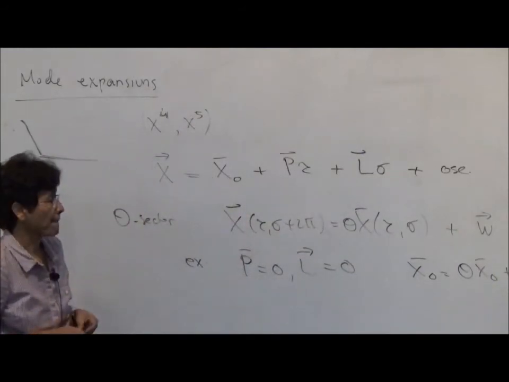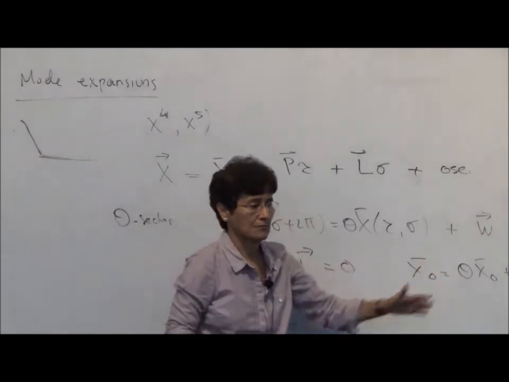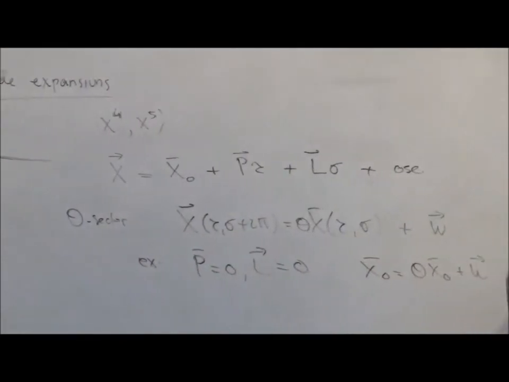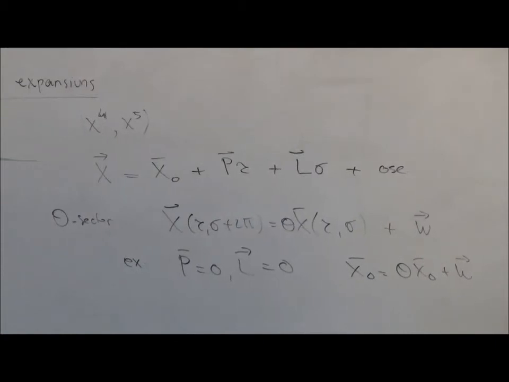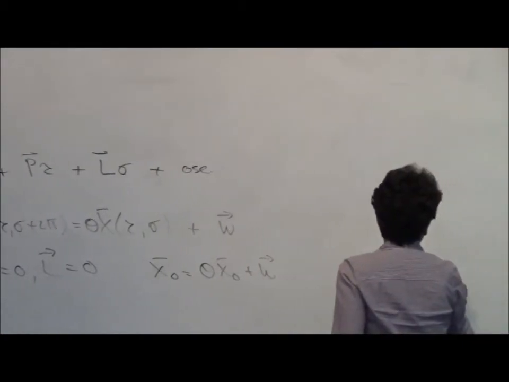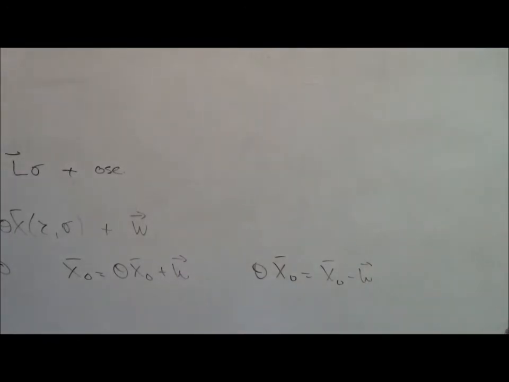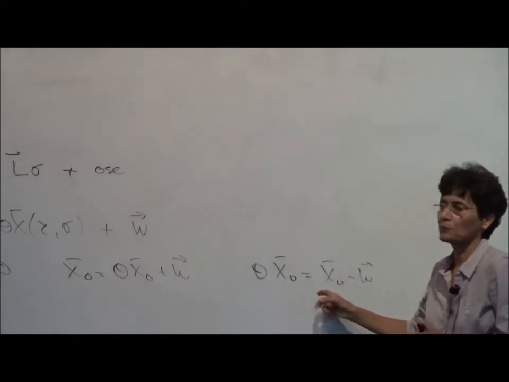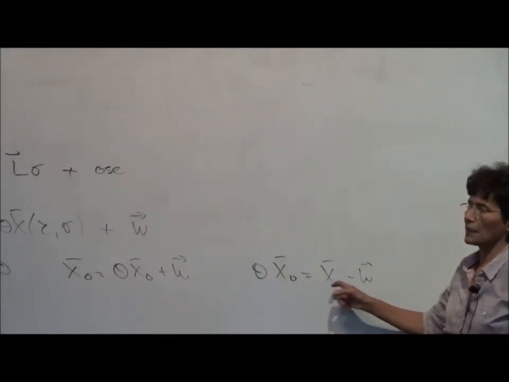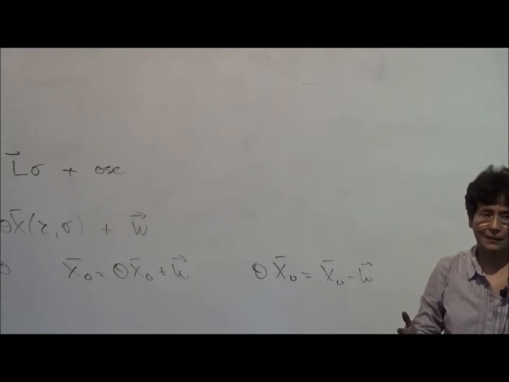And what is this telling you? If I write it like this, then it's clear. It says if you rotate x0, you come back to x0, because translations in the lattice keep the same thing. So what is this?